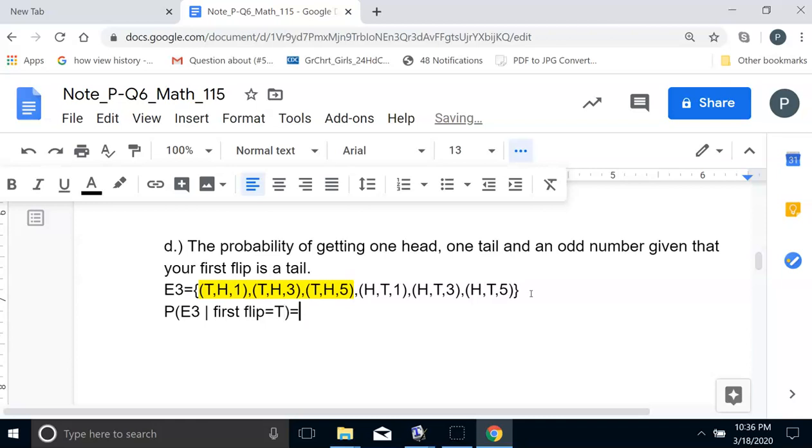It's going to be the number in E3 that has the first flip of tail, which is 3, divided by the number of things in S that have the first flip a tail, which we've already said was 12. We can reduce this. 12 you can write as 3 times 4. Cross the 3's off, and you get 1/4. So we're done with question 1.